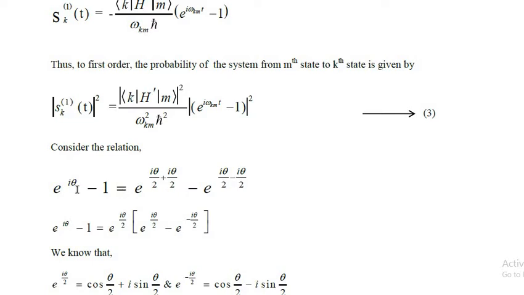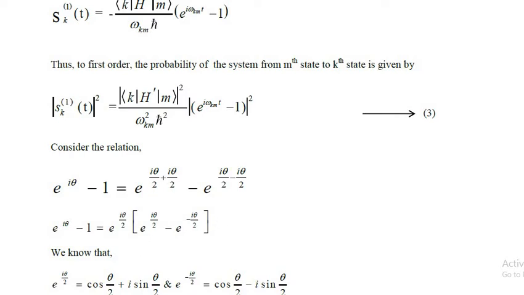If you solve this, you will get e power i theta minus 1. So in these two terms, e power i theta by 2 is common, so it is taken outside, and the remaining term is e power i theta by 2 minus e power minus i theta by 2.